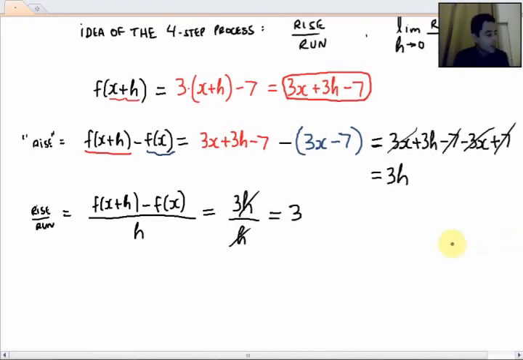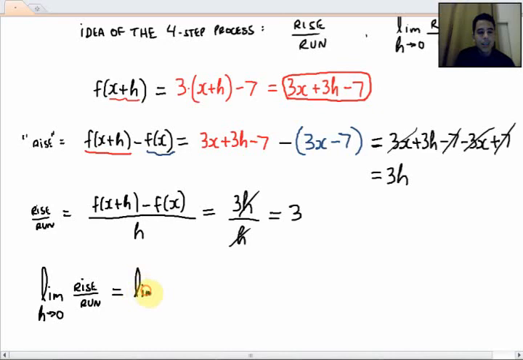And then the final step is to know what happens with rise over run when h goes to 0. Well, look at this. Limit as h goes to 0 of rise over run, which is this thing, right?